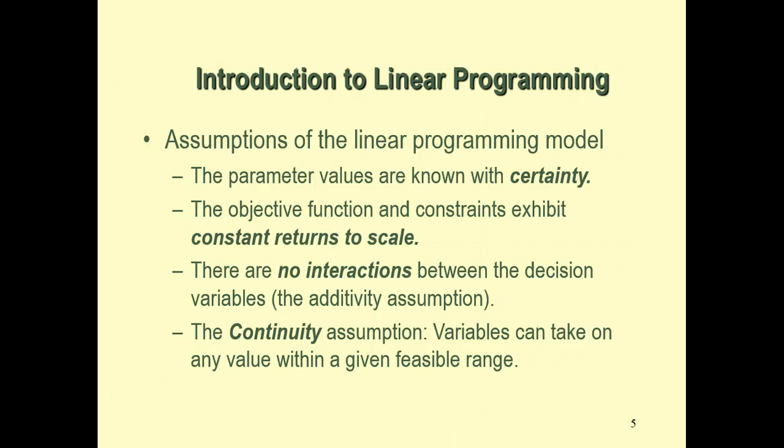The second thing is that the objective function and the constraints, the things that we model, exhibit something called constant returns to scale. So what that's saying is that if item 1 costs me $5 to make, then item 1,000,000 also costs me $5 to make. But we know a lot of times that's not the case, right?